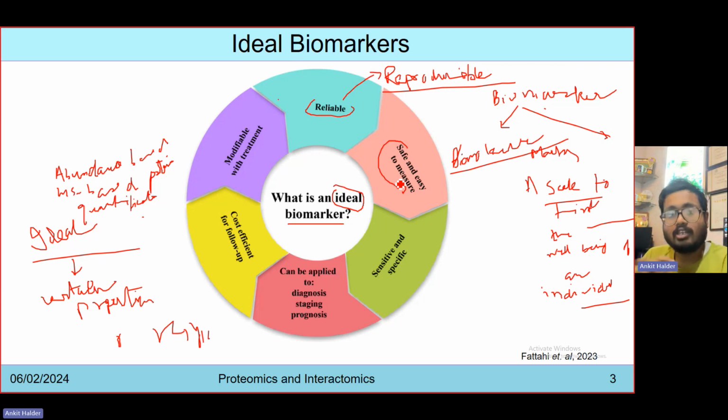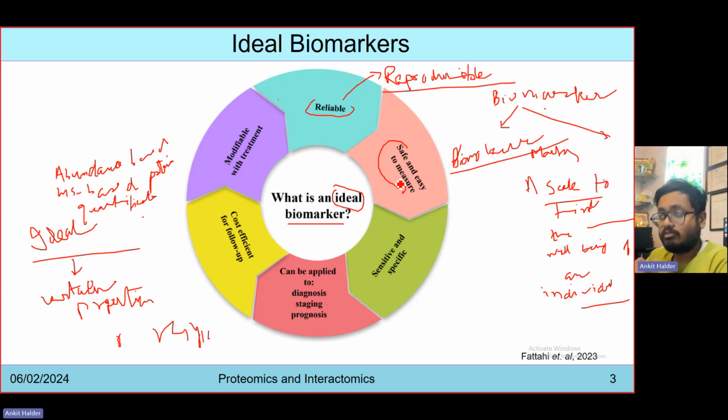So the whole focus of biomedical and clinical research has shifted to getting markers in a non-invasive way, not an invasive way. In fact, blood-based tests can also be replaced with simple non-invasive techniques like saliva or sweat, for which we don't need a puncture or injury to take the biospecimen out.